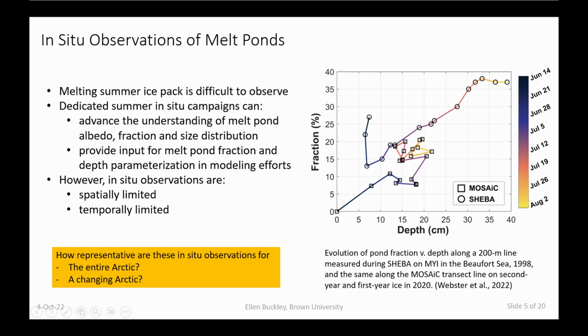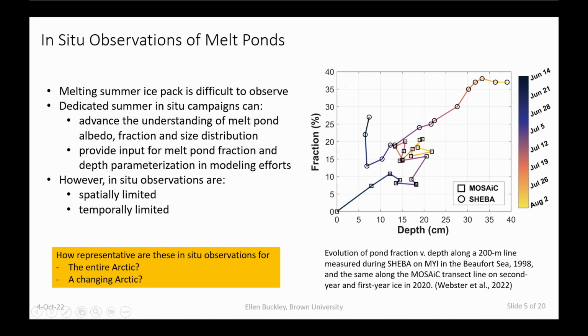You're looking at melt pond fraction versus melt pond depth, and this relationship between fraction and depth observed at SHEBA is what was used for a lot of melt pond parameterizations, but clearly that hasn't been consistent across all regions and time periods, as now you can see the MOSAiC depth evolution with fraction.